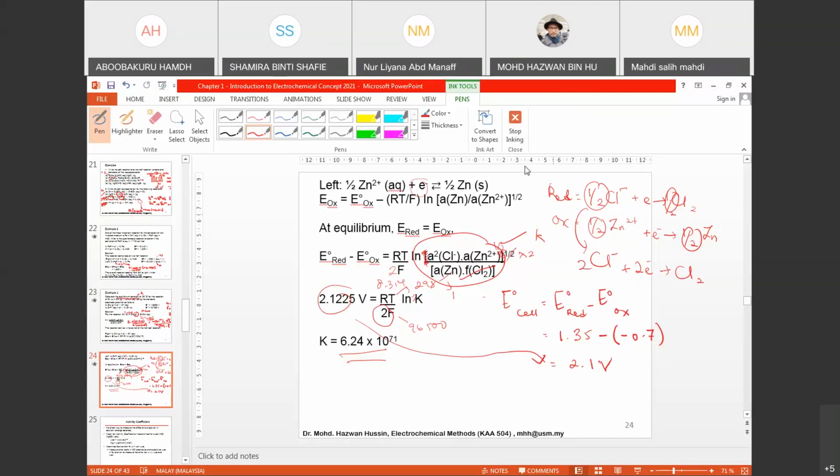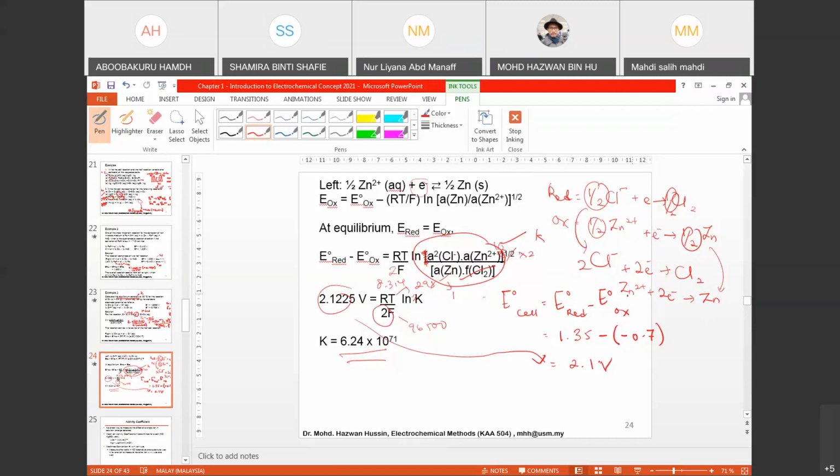I guess maybe there's something wrong, I mean, in the half cell notation. This one is okay. This one, because this one actually produces only 1 electron.